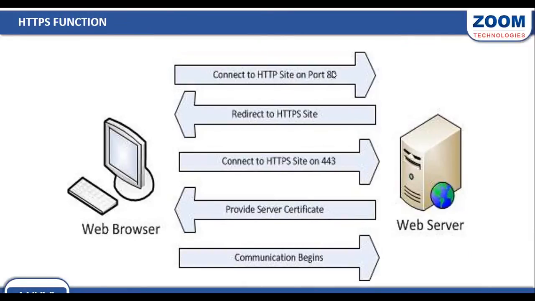But once that client request reaches the server, at the server machine the administrator has also done the redirecting configuration. With respect to that, HTTP is redirected to HTTPS, and the session between server and client is established on port 443, on the SSL layer.